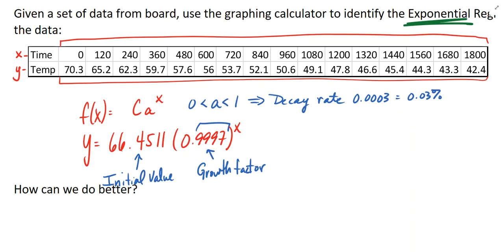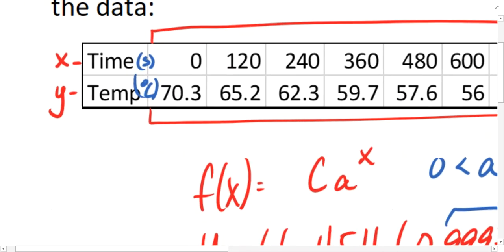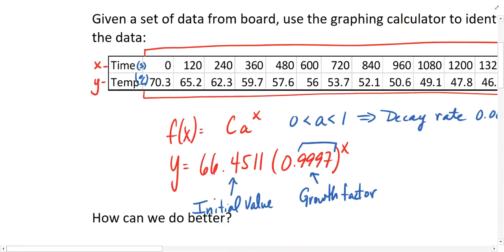In other words, the temperature is dropping 0.03% per second, since our time was measured in seconds, and our temperature is in degrees Celsius.